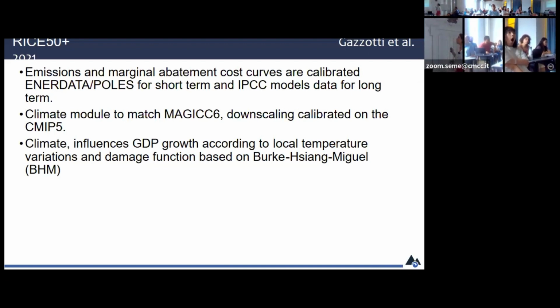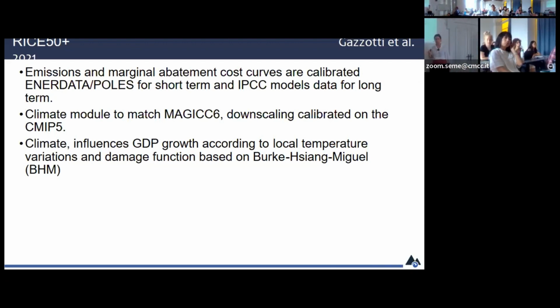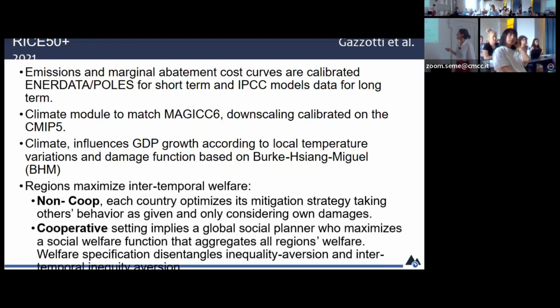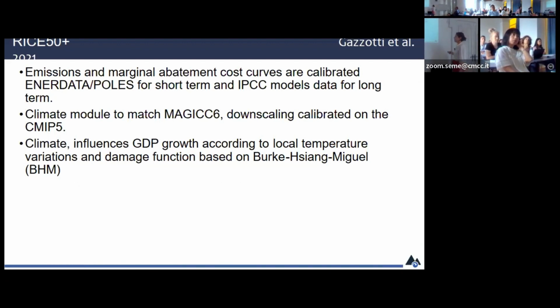So this is a RISE version with 50 regions. The abatement cost function is calibrated on NERC data for the short term and on IPCC model data for the long term. There is a climate module that matches MAGICC and is scale calibrated on CMIP5. Then the damages are introduced as the Burke-Young model.